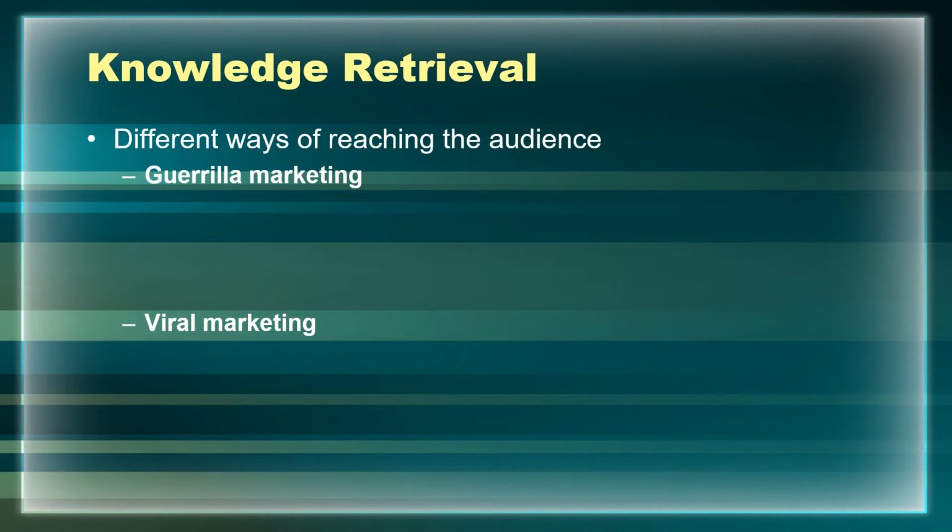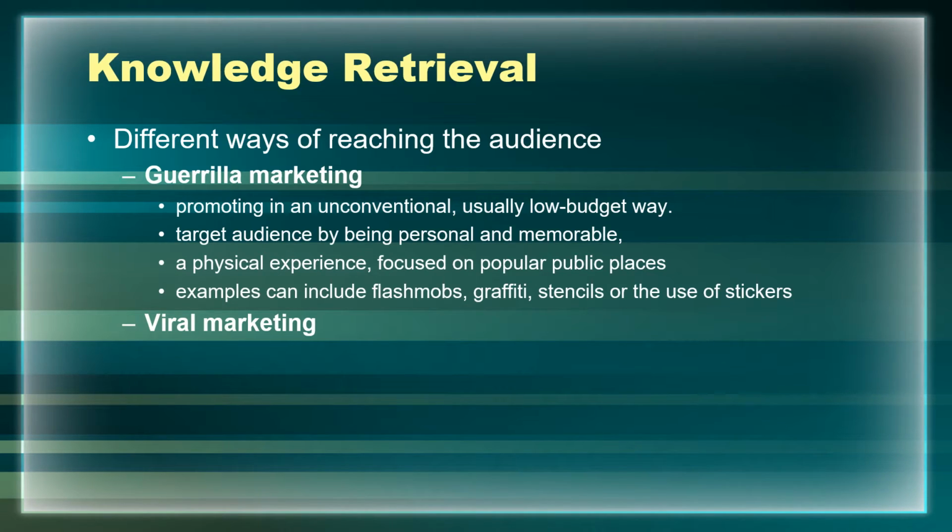Guerrilla marketing and viral marketing are both firstly different ways of reaching the audience. Guerrilla marketing is an unconventional, low-budget approach to marketing, usually an event, usually something that happens physically in a space where people are, that they experience, they're not expecting it.